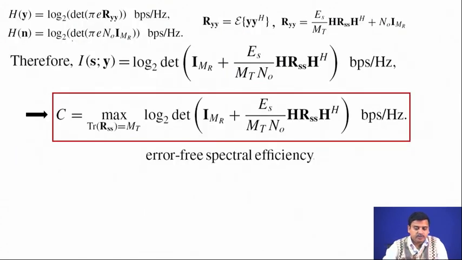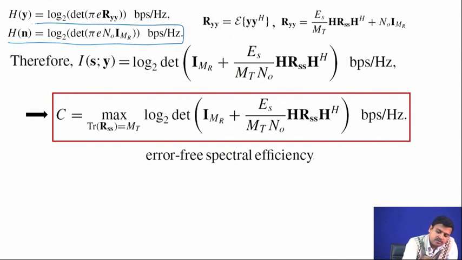With this we proceed. So, the differential entropy of noise is mentioned over here, which is fundamentally controlled by N naught, which is the noise power spectral density, and MR, or you can say that MR is another parameter, but we have seen that as MR increases, the received signal to noise ratio increases. So, we would like to have MR as much as possible. Therefore, we use this definition of differential entropy for noise.